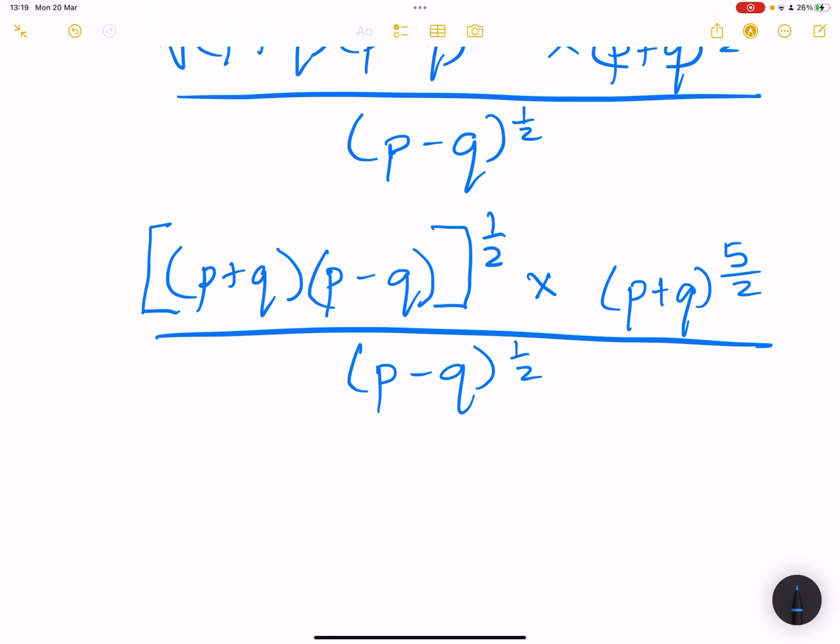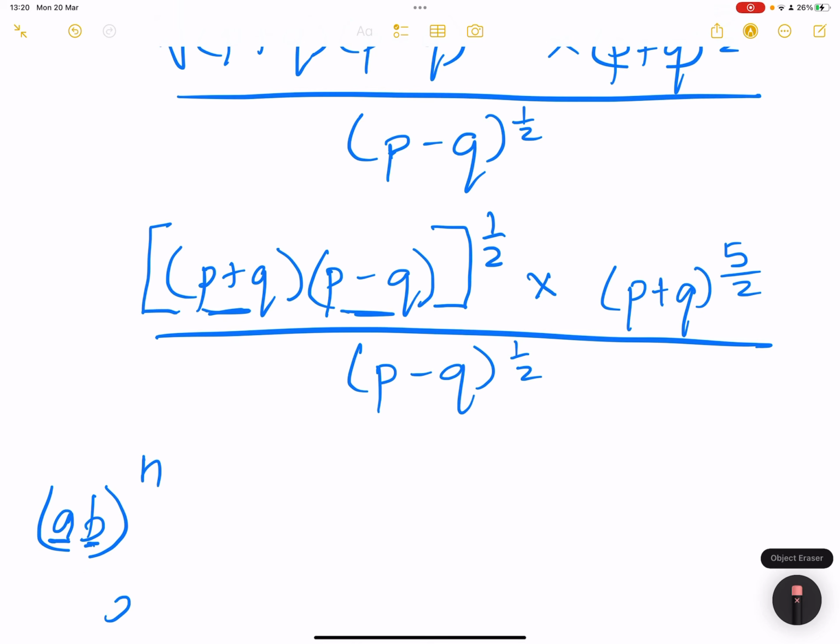Now remember, if we've got a multiplied by b raised to the exponent n, this is the same as a to the n, b to the n. And that is the case there. We've got two brackets that are bases in this case.